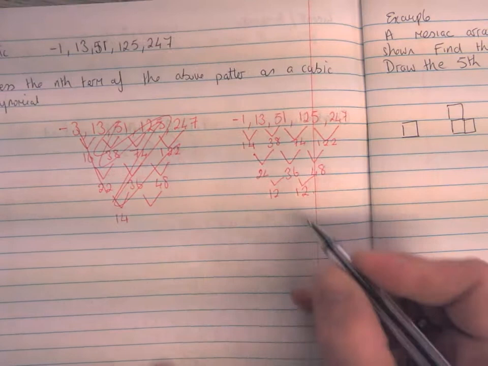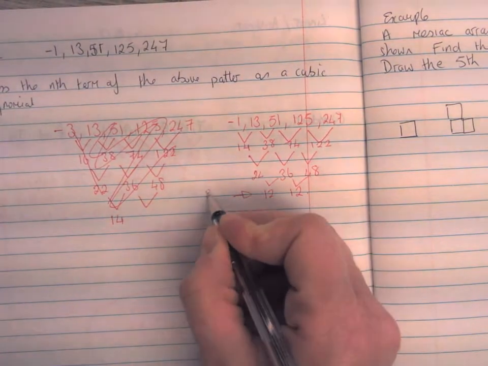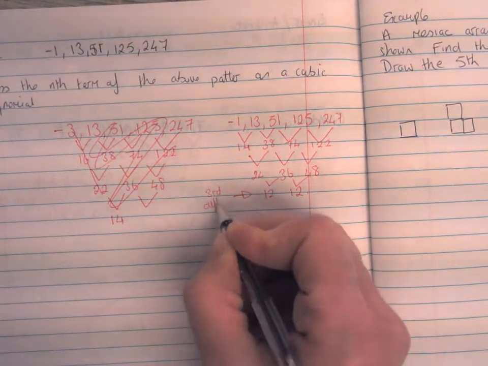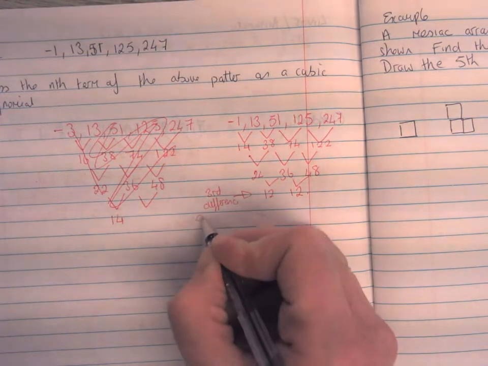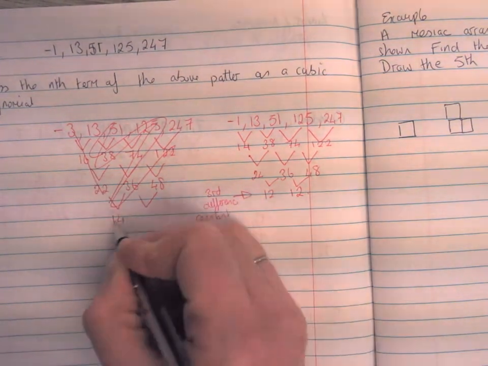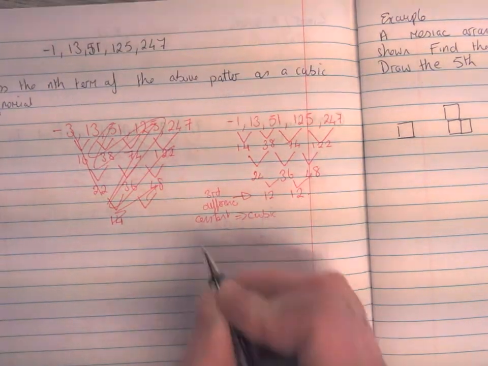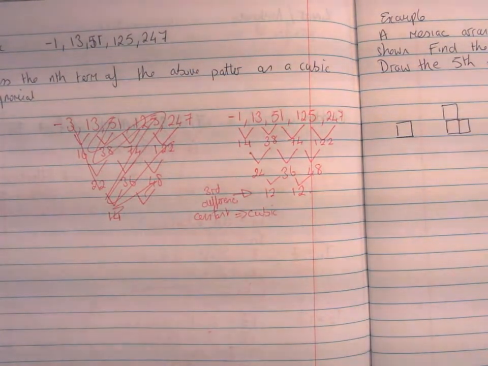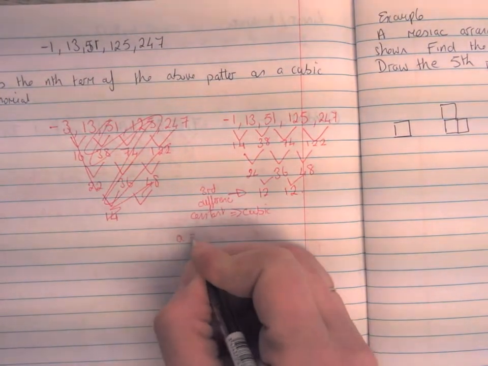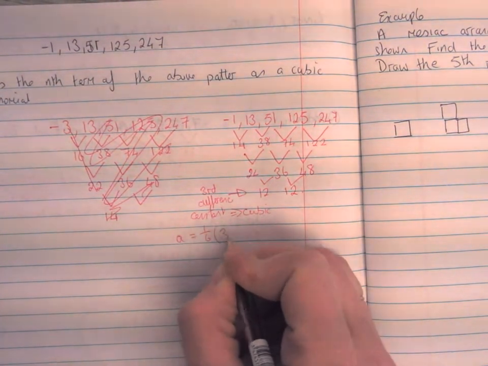Okay, so third difference constant means a cubic. Now your A is a sixth of the third difference.